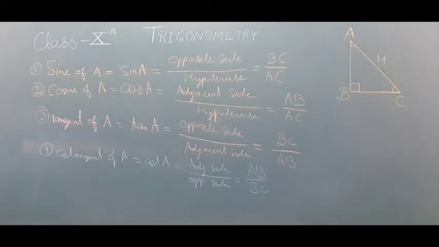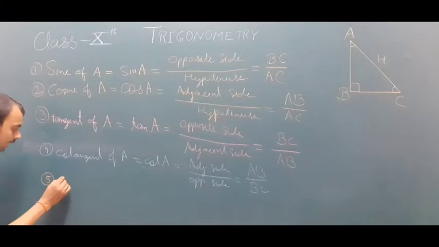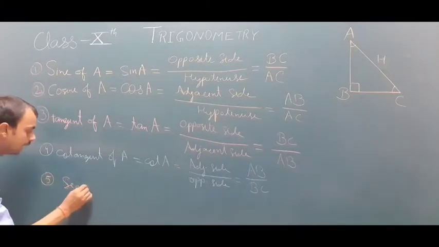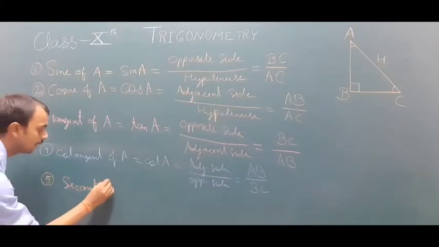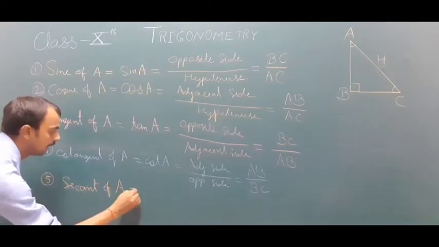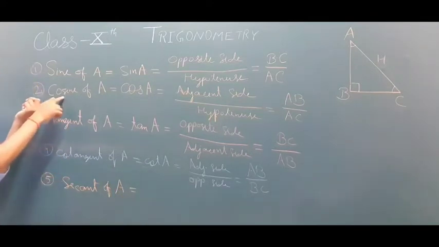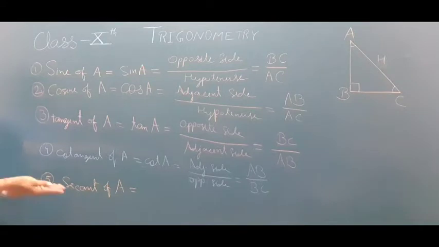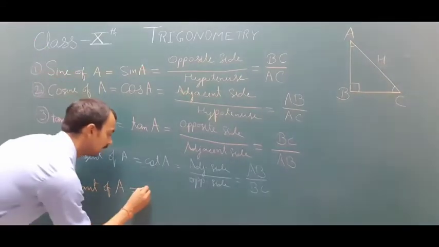So the next one, the fifth one, is secant, S-E-C-A-N-T. Secant of A. Secant is the inverse of cosine, meaning 1 upon cos.